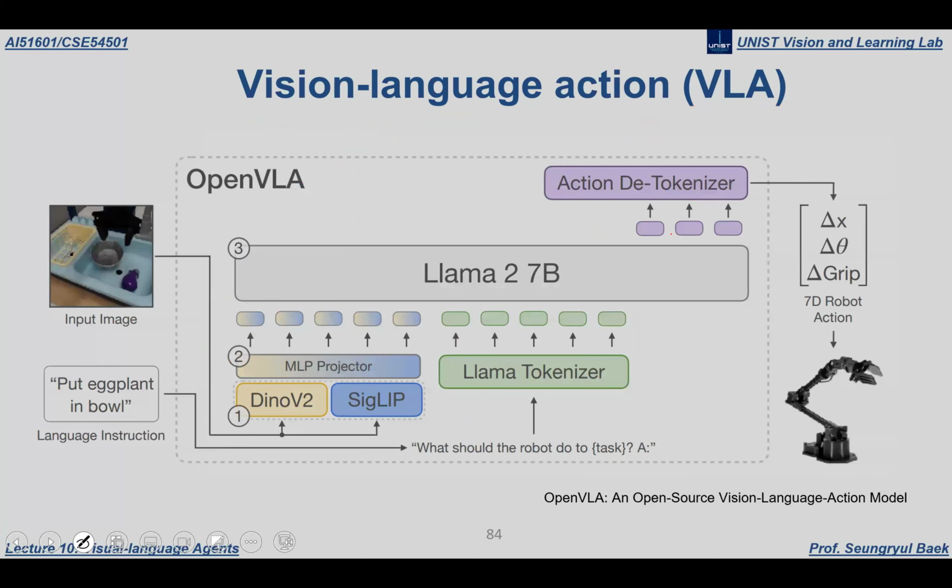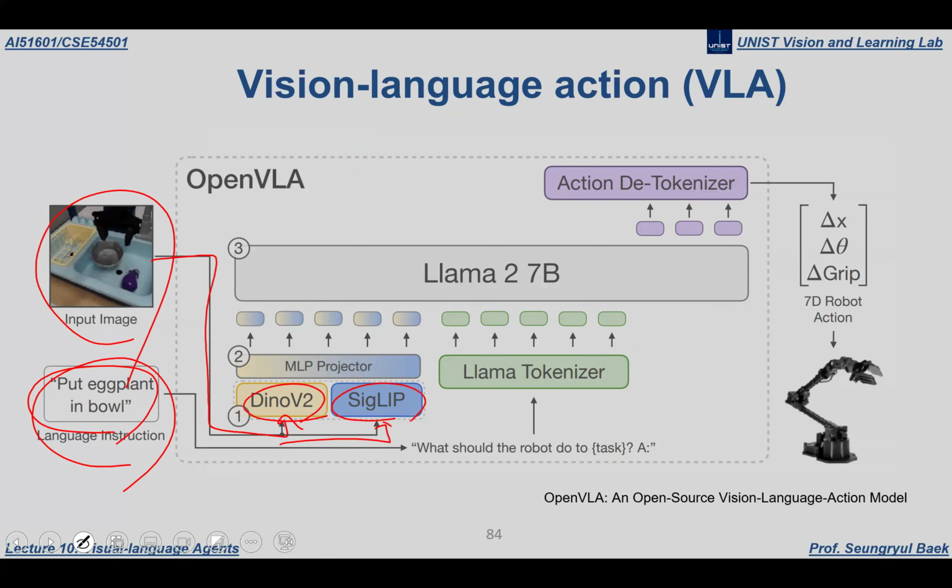And this is the detailed pipeline for that. This is the input image, and this is the instruction given from the user: put eggplant in bowl. For doing that, they can use two types of vision encoders, DINOv2 and SigLIP, okay?